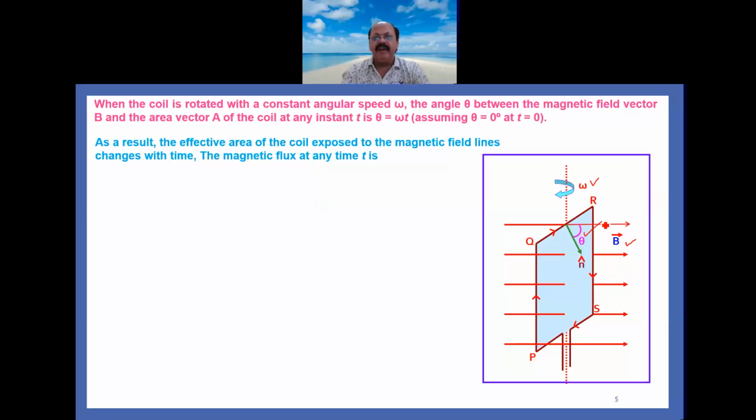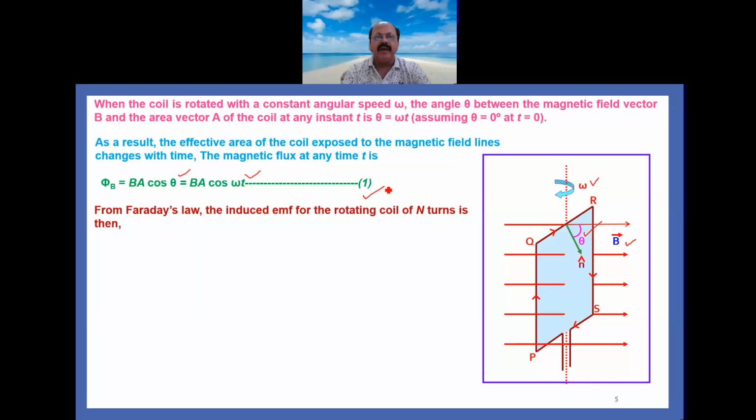Then the magnetic flux at any time t is given by phi B equal to BA cos theta, but theta equal to omega t. So the expression becomes phi B equal to BA cos omega t. Mark this equation number 1.